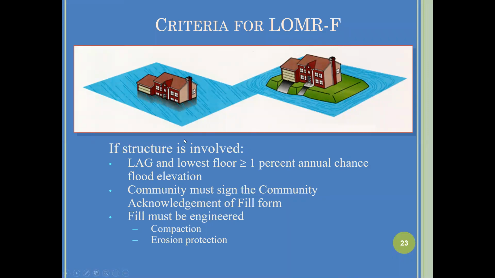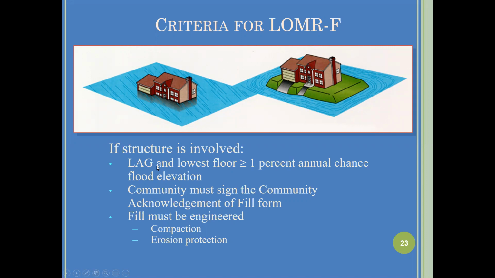If a structure is involved, lowest adjacent grade in the lowest floor greater than the base flood elevation, or the 1% annual chance flood elevation. Actually, that's a little misleading.